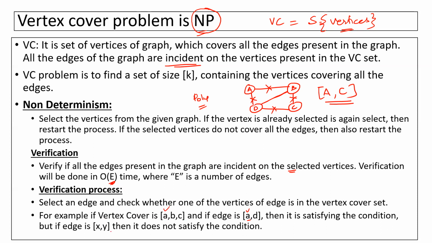But if the edge is XY, then it will not satisfy because X and Y are not in the vertex cover. So the vertex cover represents the set of vertices which are used for covering all the edges of the graph.